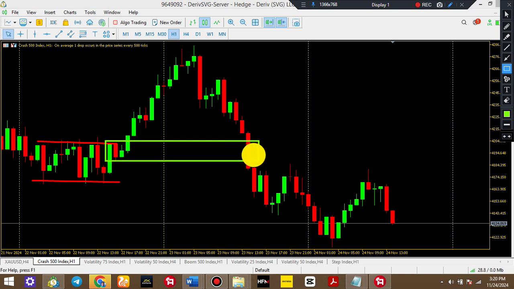Now let's draw it to this zone. You can see that price moved to the upside, creating a new high. Some traders will have this mindset: when price comes back to this point, I'm going to place a buy. Some might have placed a buy because they see the multiple rejections below here as strong support.